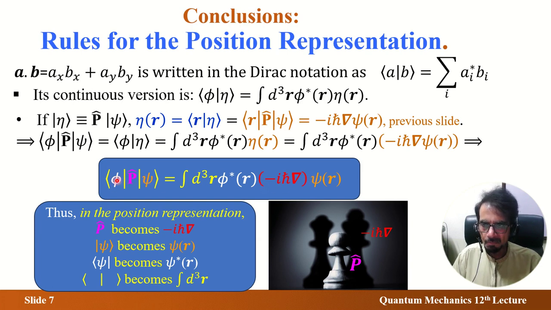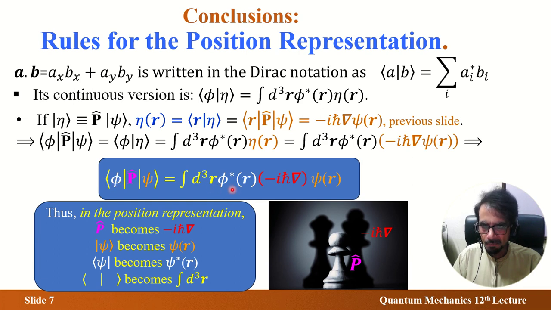And whatever is in the bra, that was the only thing in this slide. Previously we had R, and now we have said it can be any. If any, then you have to have complex conjugation of that. With R, I didn't need it. R is real, so you didn't need complex conjugation. But if you have arbitrary, then you need complex conjugation.